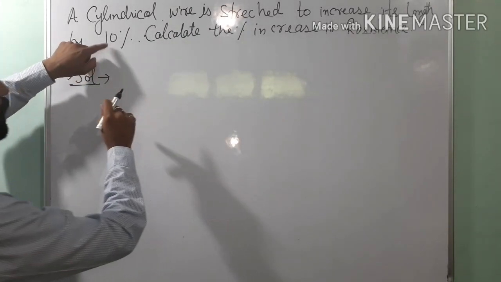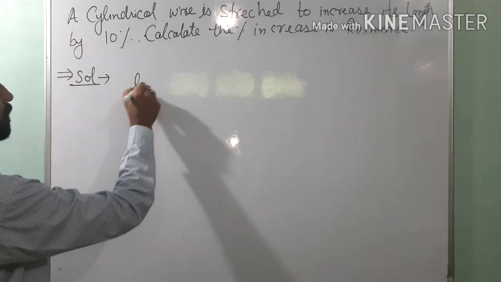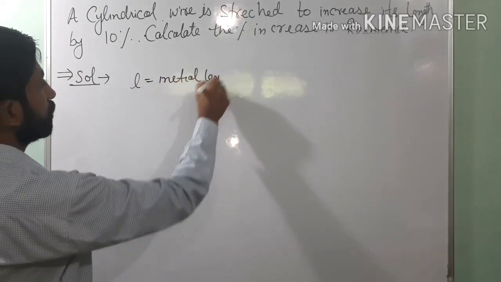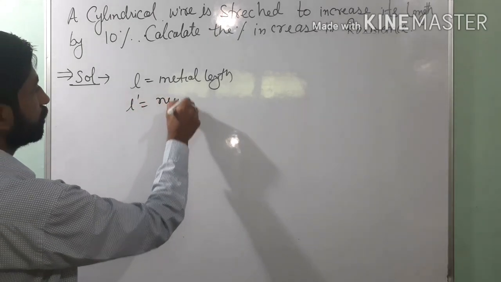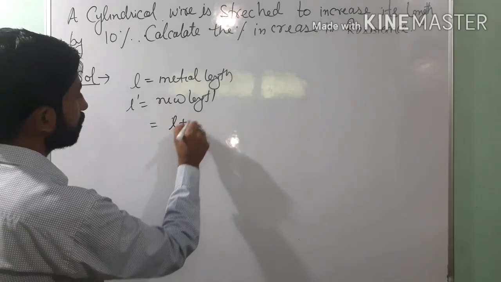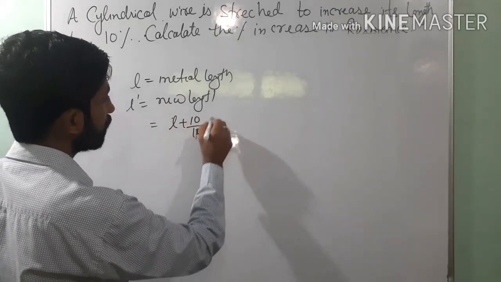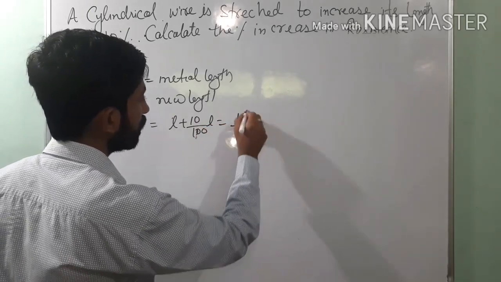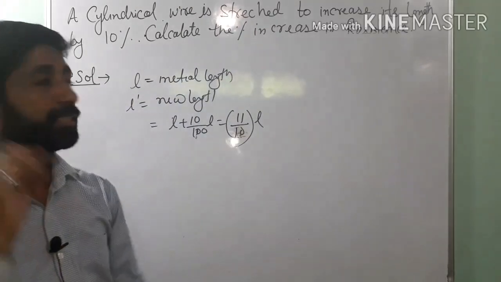Suppose initially the length was L. L dash is the new length, and L dash is equal to L plus 10%. 10% means 10 over 100 of L, that is 11 over 10 of L. We have to find the change in resistance.